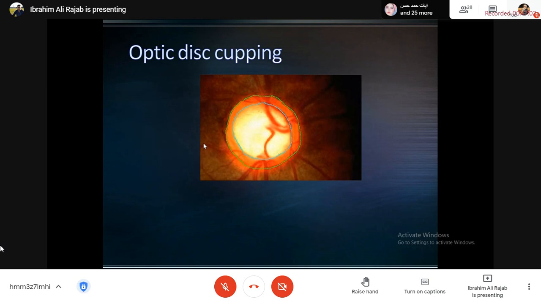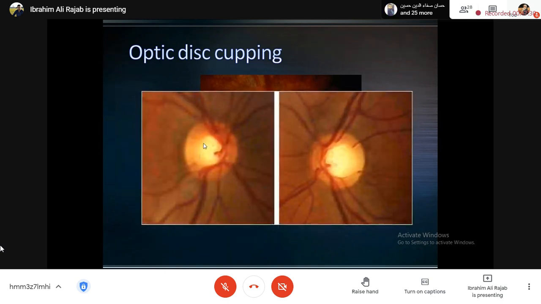And if the patient has a large cup and all parameters are normal, we may regard this patient as a normal variant of large cup, because rarely, about 2% of the normal population have a large optic disc. But this is rare. If you notice that the disc cup is larger than 30%, you should search for the other parameters of glaucoma.